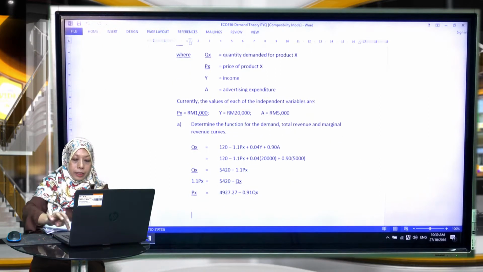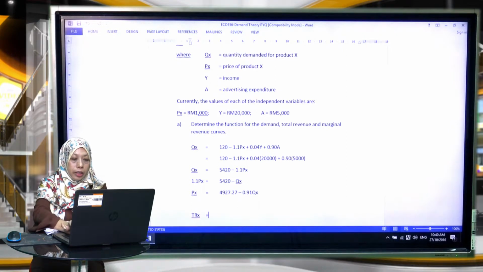Once you've got your price function, we can proceed with determining the total revenue function.